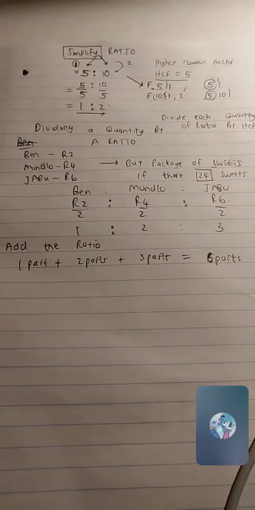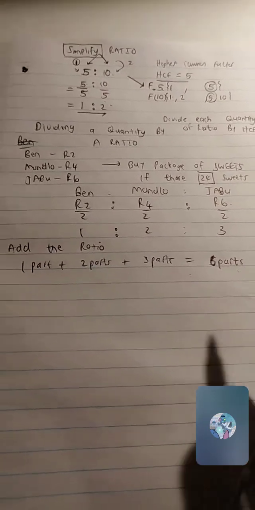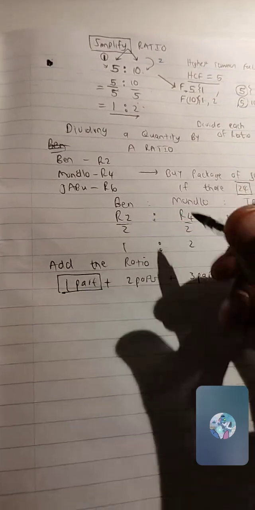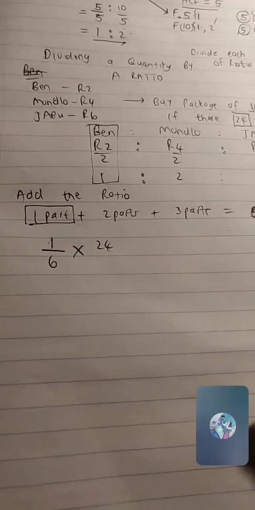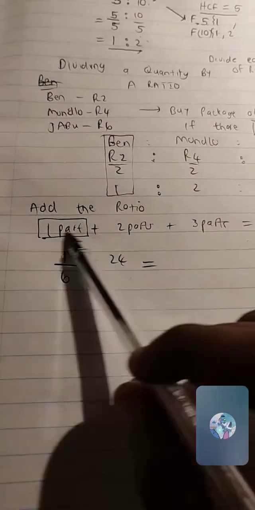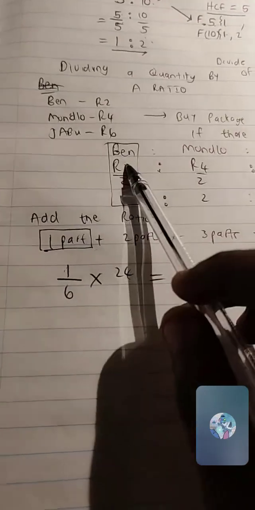Then what we are going to do is take the 1 part, which represents Ben's part, and say 1 over the total number of parts, which is 6, and multiply that by the 24 sweets that we have. Then we get an idea of how many sweets Ben was able to get with his 2 rand.